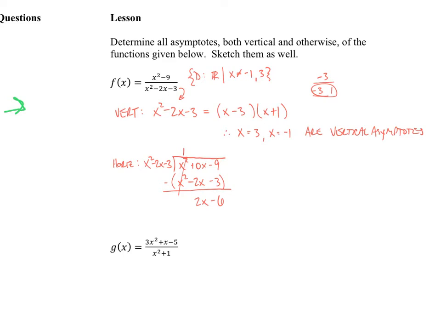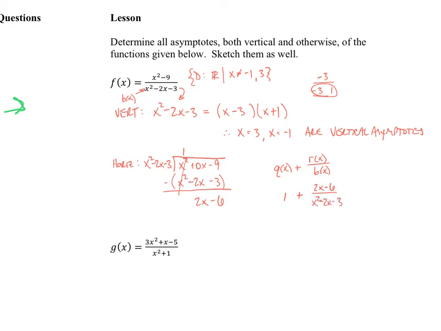But that's okay, because what we were trying to do here is just figure out what the quotient was. Remember, when we write our quotient, we write it in the form q of x plus r of x, that's your remainder, over b of x, which is just your divisor. So if I were to write this quotient out, I would write 1 plus (2x minus 6) over (x squared minus 2x minus 3).